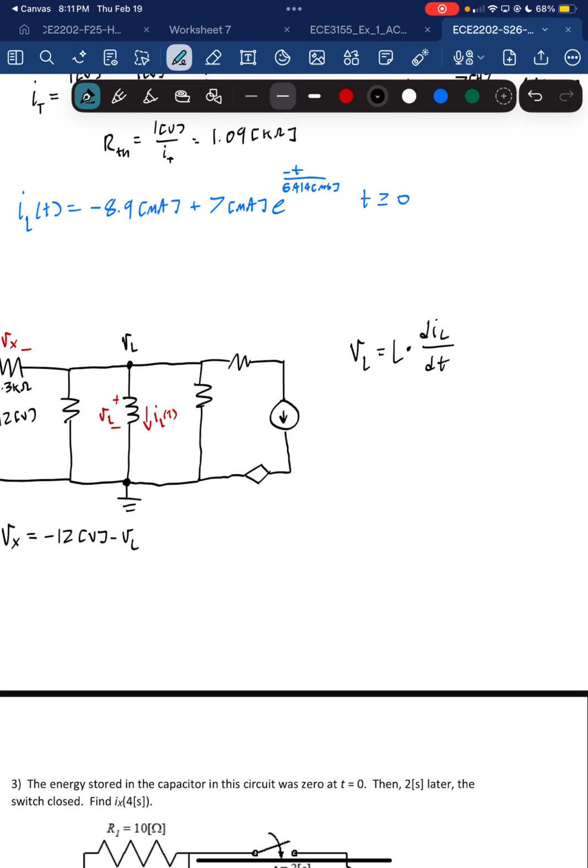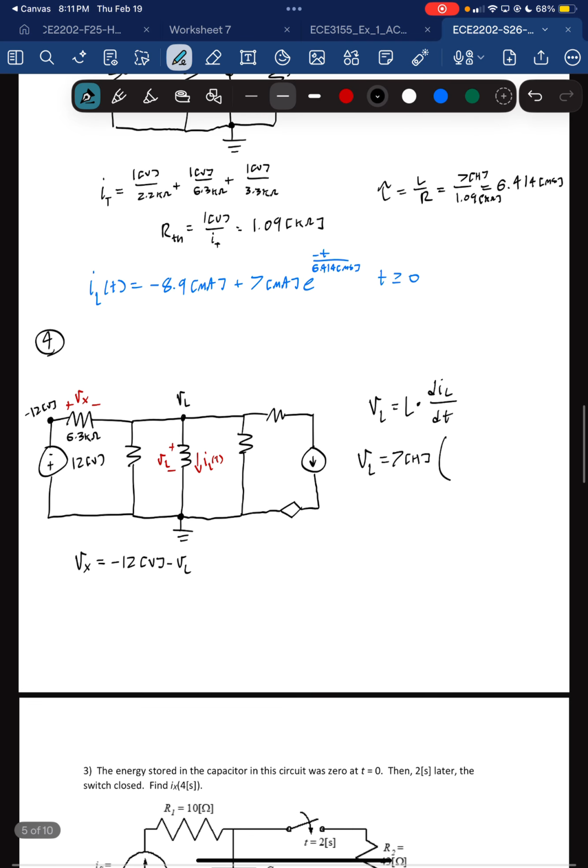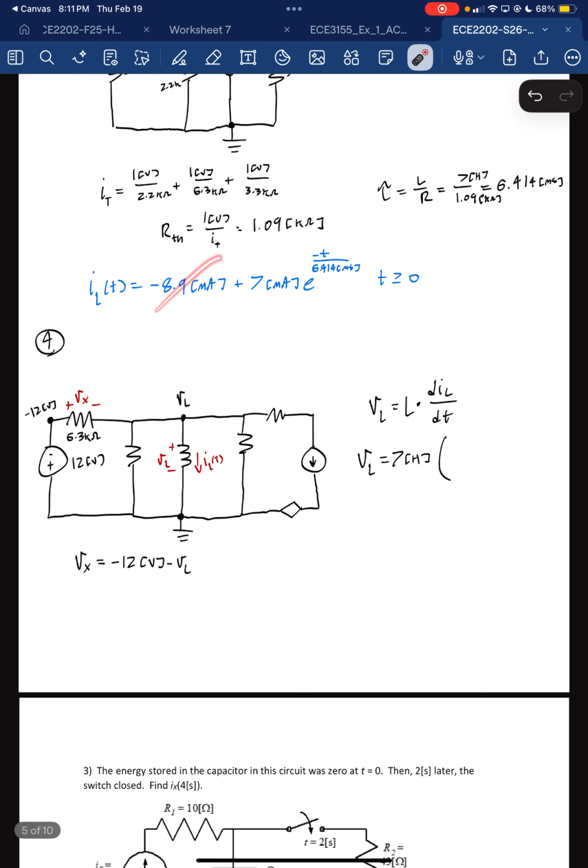Okay, all right. So, VL is going to be L, which is 7 henries, times the derivative of IL of t. Remember, the derivative of a constant is going to go to 0. This is going to remain the same, and all we need to do is use chain rule to find what we're going to multiply this by.